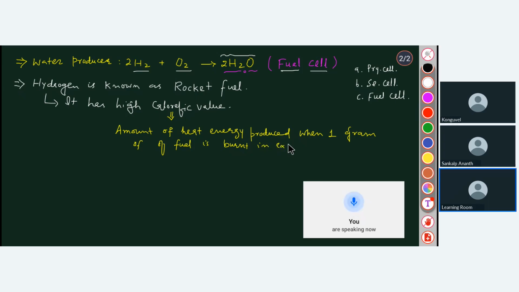This is important, that we are taking 1 gram here. So this is called the calorific value. And if we talk of hydrogen gas, its calorific value is nearly 150 kilojoule.